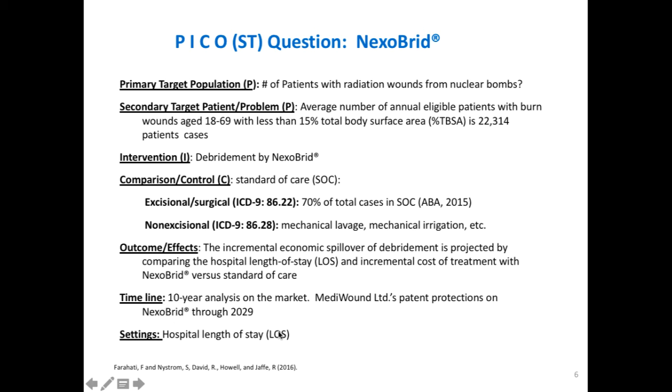The timeline for calculating the outcomes, the evaluation of the outcomes for the intervention, is 10 years, because MediWound, the company which launched NexoBrid, has patent protection for NexoBrid up to 2029, assuming that the FDA approved this product in 2019.